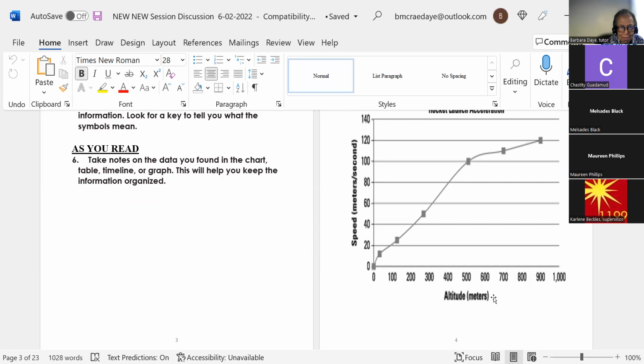Okay, it's 500, because see, it's increasing up to 500. At 500, it starts leveling off. In other words, the speed here is about 110 because it's between 100 and 120, and here's 120. So it starts leveling off at 500.